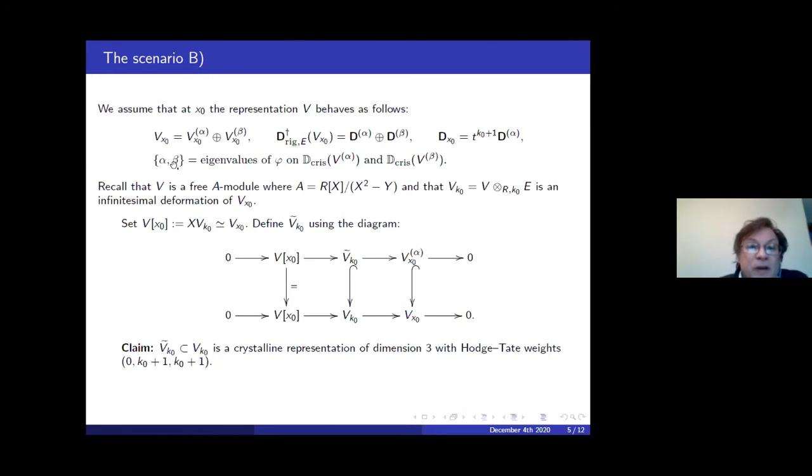We denote by alpha and beta the eigenvalues of phi acting on the crystalline module associated to these direct summands.